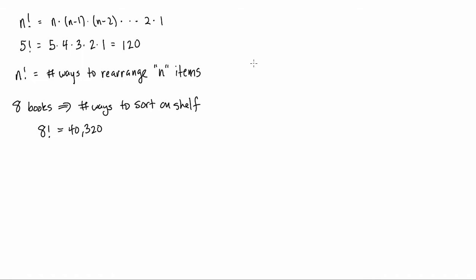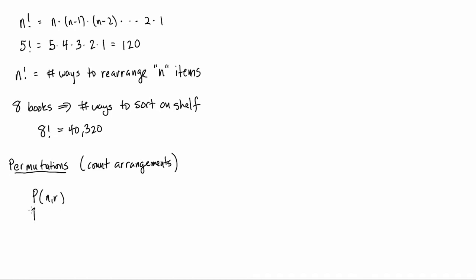Now, the other reason that this is important is because we're going to start looking at permutation and combination formulas. So let's start with the permutation formula first. Remember, permutations count arrangements. And the way to think of it is, with the permutation, we use the notation P n r.